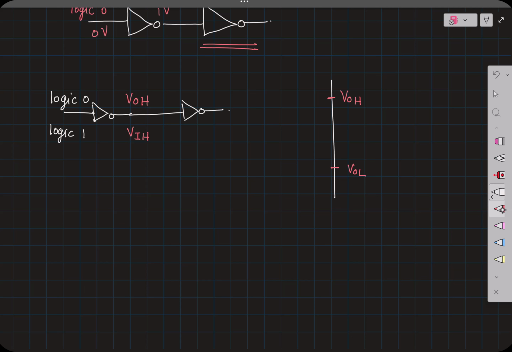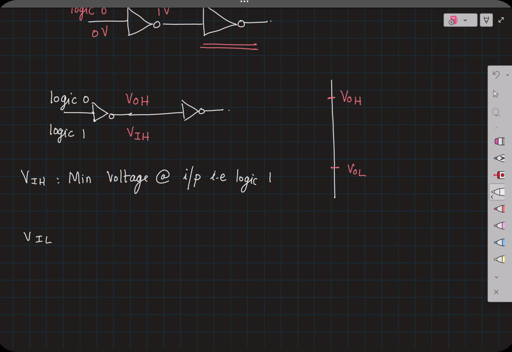Now I'm going to define 2 more parameters called VIH and VIL. VIH, as you can imagine, corresponds to the high voltage or the logic 1. This is the minimum voltage at the input that will be treated as logic 1.